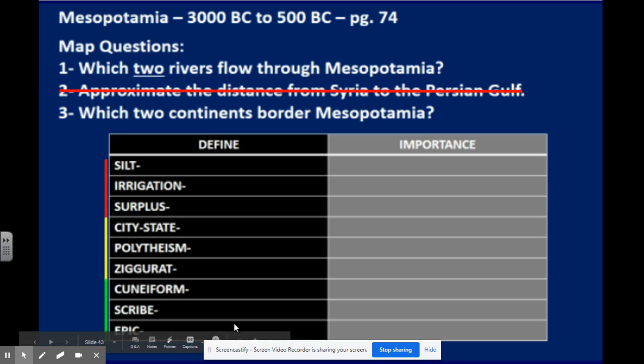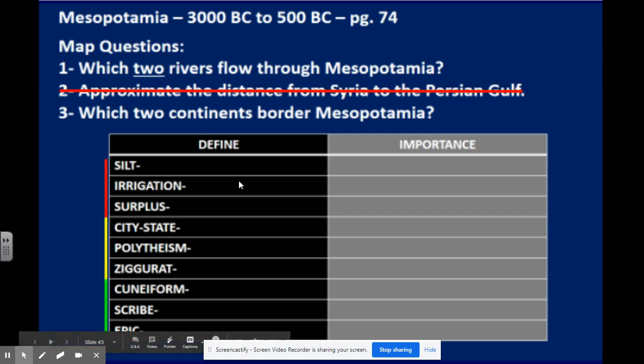Surplus has to do with your amount of crops. So surplus goes with that same mindset. Surplus stands for an amount that is left over after the need has been met.